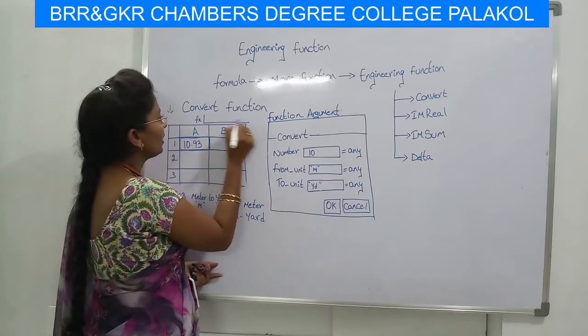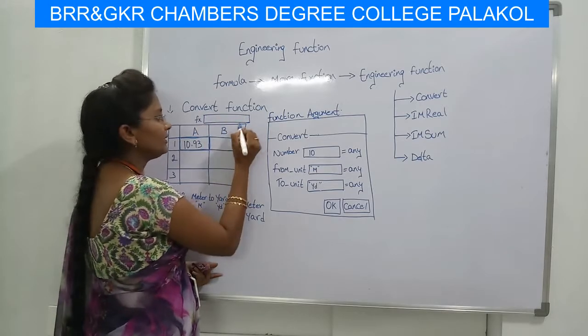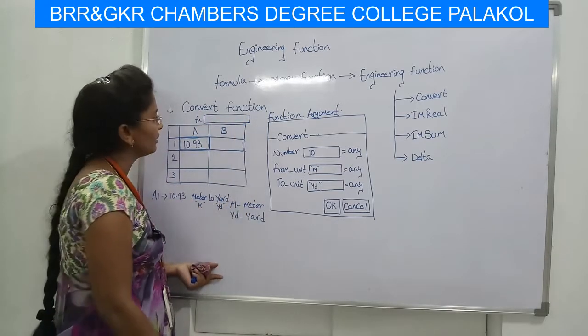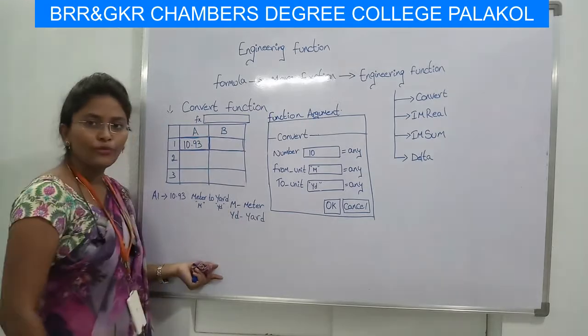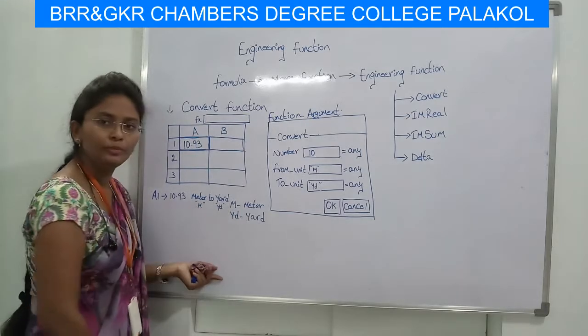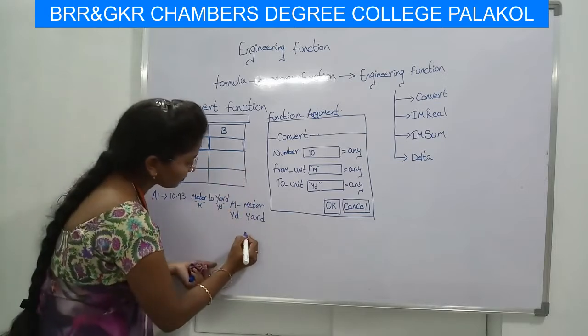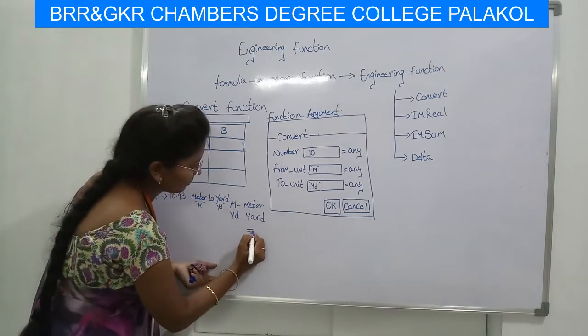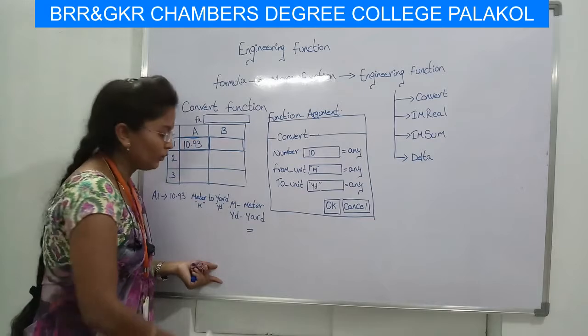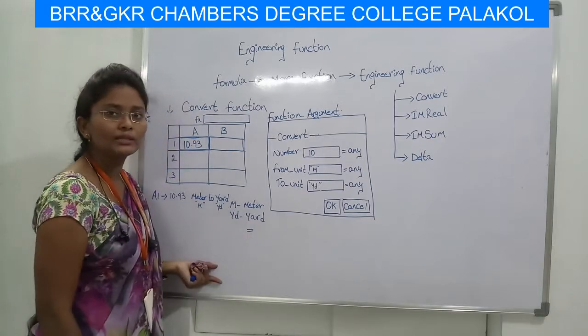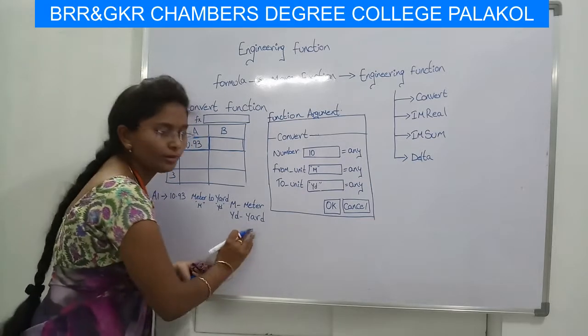In this formula bar I can write the formula. Click on this formula bar, the cursor will blink there, and then I write the formula. For writing a formula, we have to enter the equal sign in the formula bar.